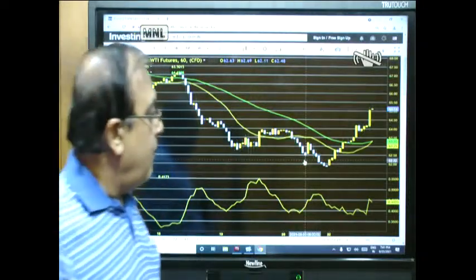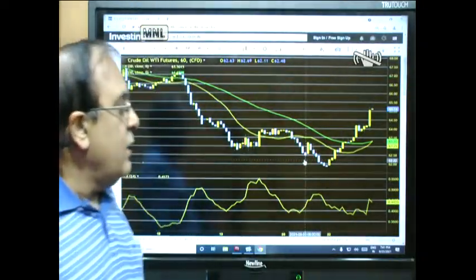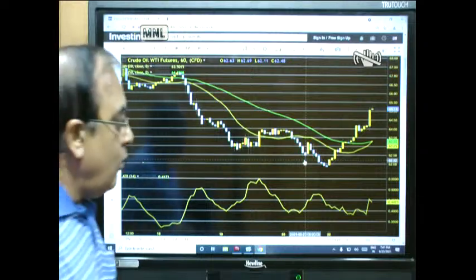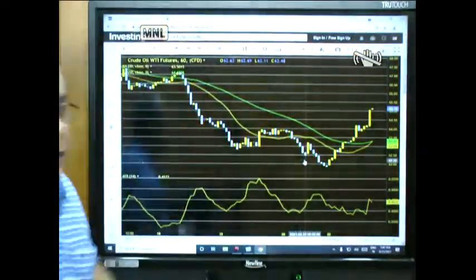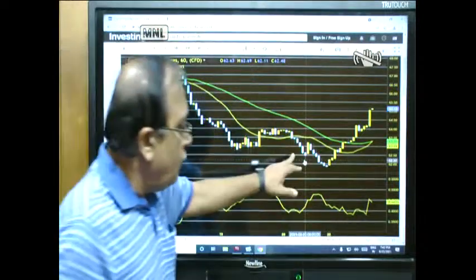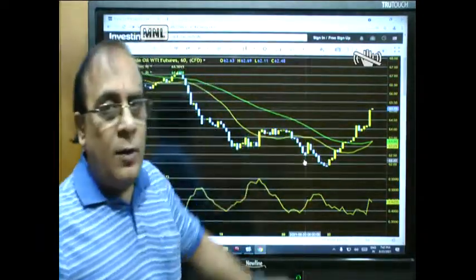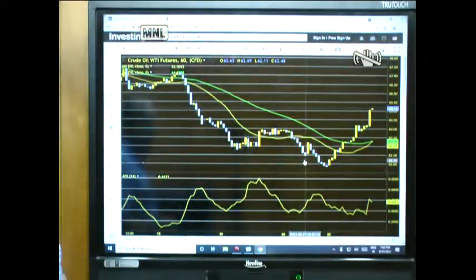Now we will also look at whether we can go long above this. Yes, we took the profits and we went long above that. But after that, let us say it went up like this, then this came. If it starts falling below this, then this will form a lower top compared to this.